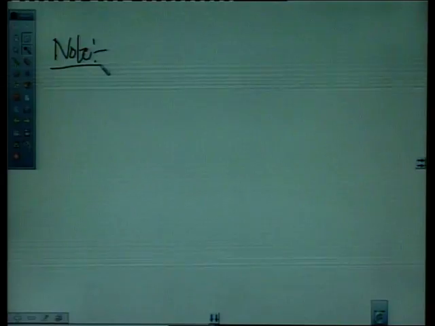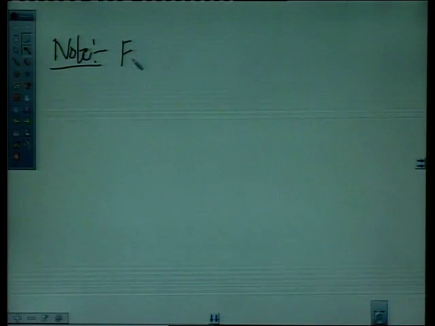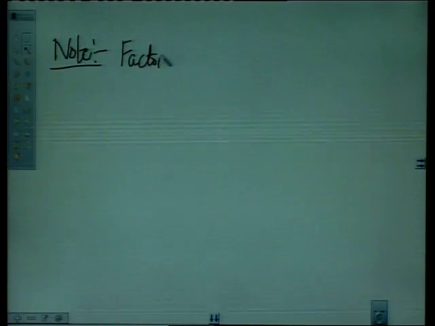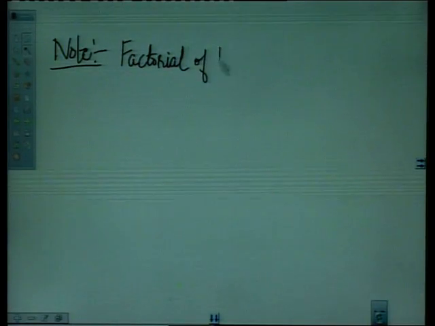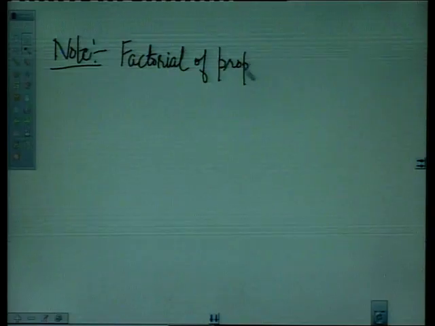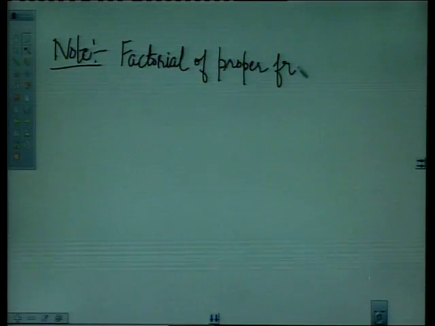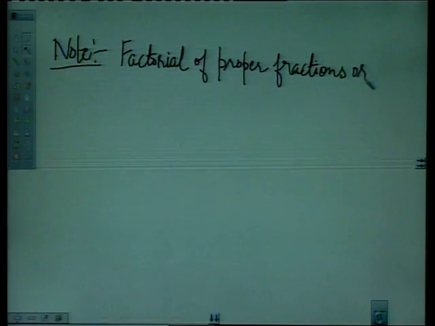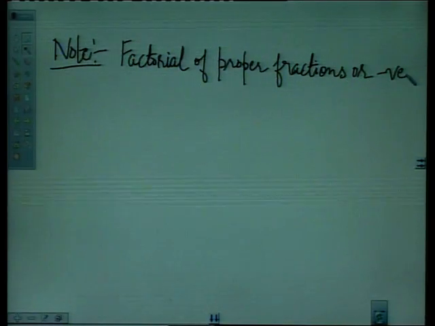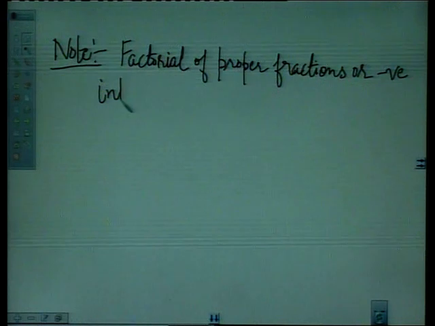Note, the thing we must remember in our questions is that factorial of proper fractions or negative integers are not defined.